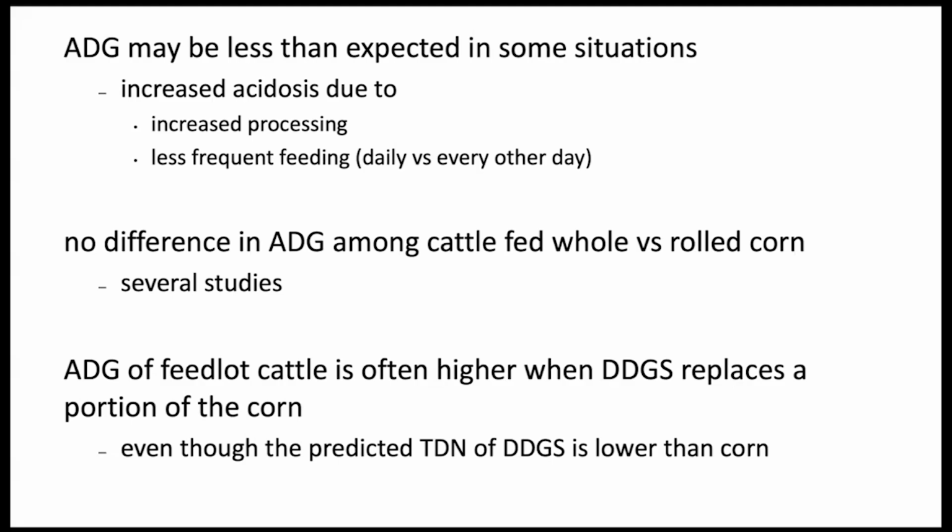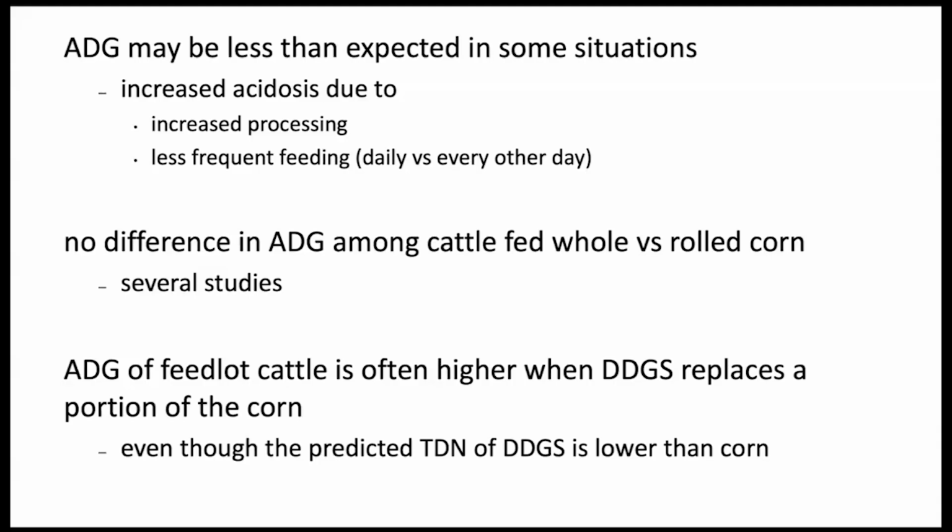Correctly may not be the best term, but for most of our feeds, we really need to feed those daily. If we're feeding every other day or less frequently than that, we're going to cause issues with subacute acidosis, a little bit of acidosis, and we just don't get the same benefit out of that feed. Plus, it can lead to other problems as well.